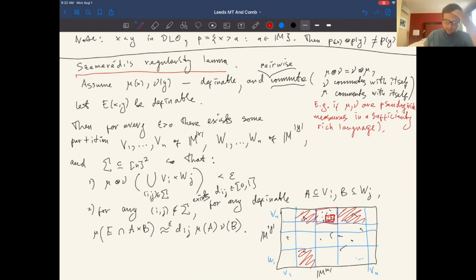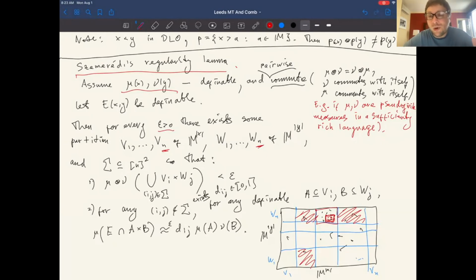So the point here is to look at the sequence of quantifiers in this statement. I fix my measures already, I fixed my measure space, and then I say that for every epsilon, we can find such a partition, which is finite, but I haven't said anything about this number n.